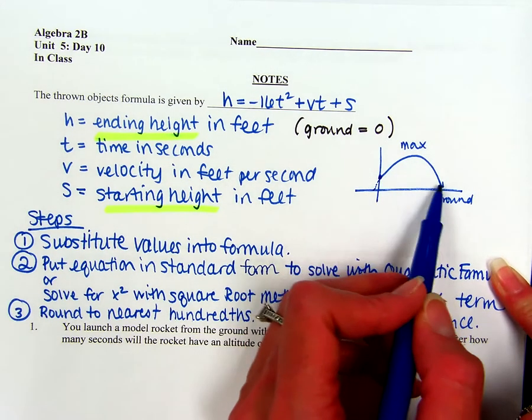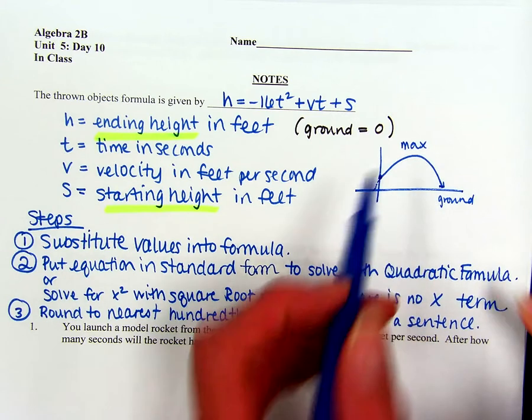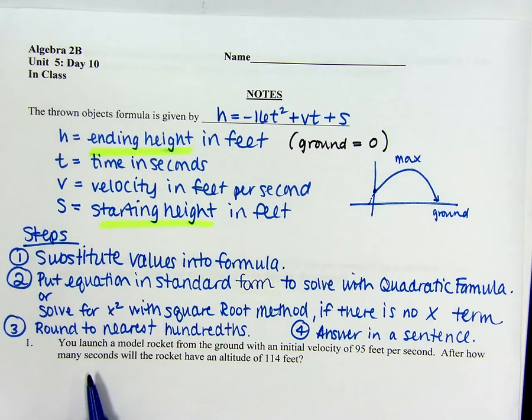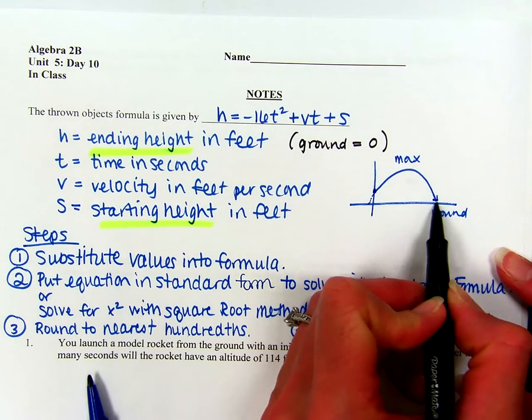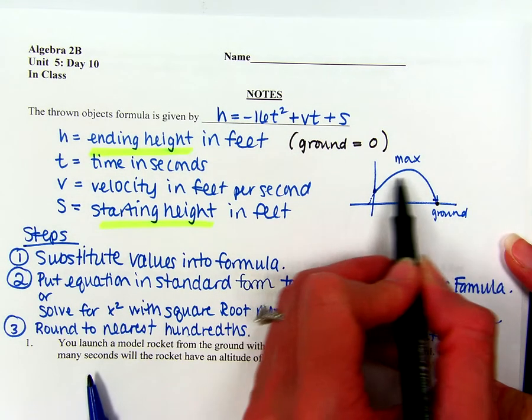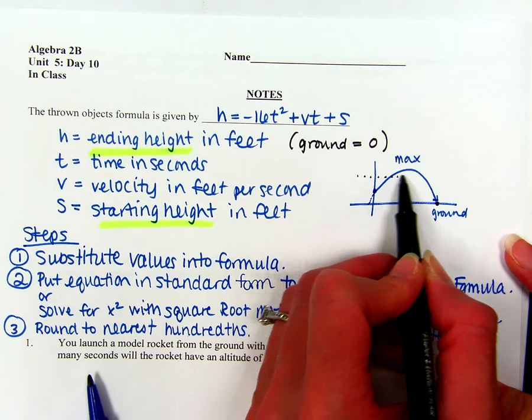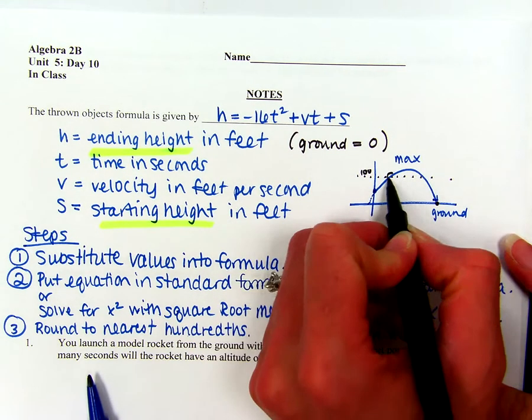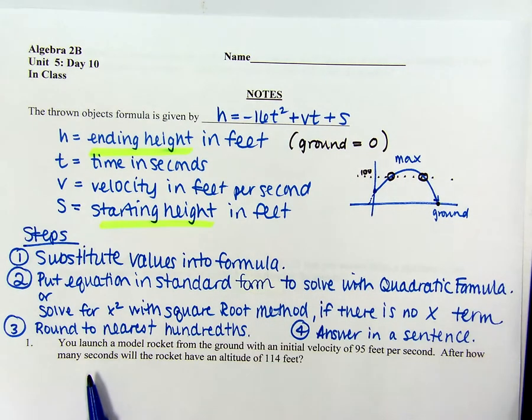But essentially what you're finding is how long will it take to have a certain height. It may not always ask you for the ground. It may say, how long before it's 100 feet off the ground? If it asks you that, it could be here and here. So it's possible that you get two solutions.